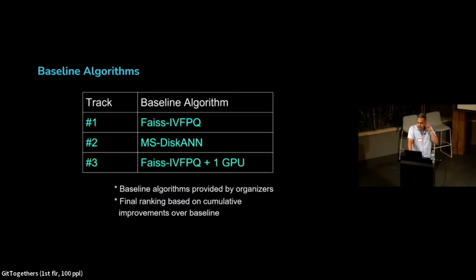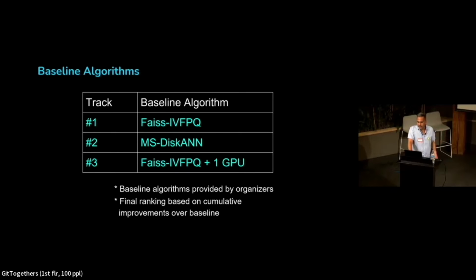So just to geek out a little bit on algorithms, for the first track, Meta donated their FAISS IVF PQ, their clustered product quantization algorithm. I'm guessing that a lot of you have played with FAISS, that library, and you've probably used this. It's kind of their intro ANN algorithm.